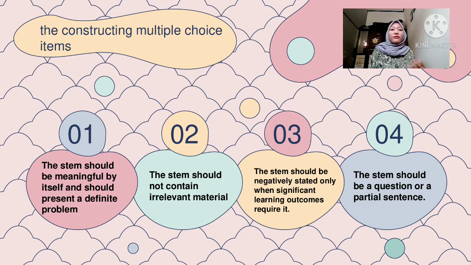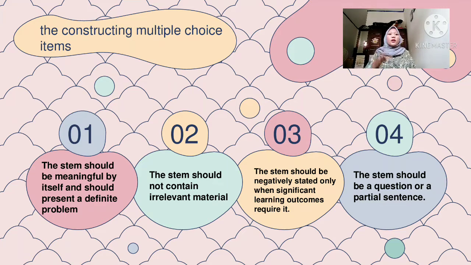If a significant learning outcome requires negative phrasing, such as identification of dangers in laboratory or clinical practice, the negative elements should be emphasized with italics or capitalization. The last is the stem should be a question or a partial sentence.